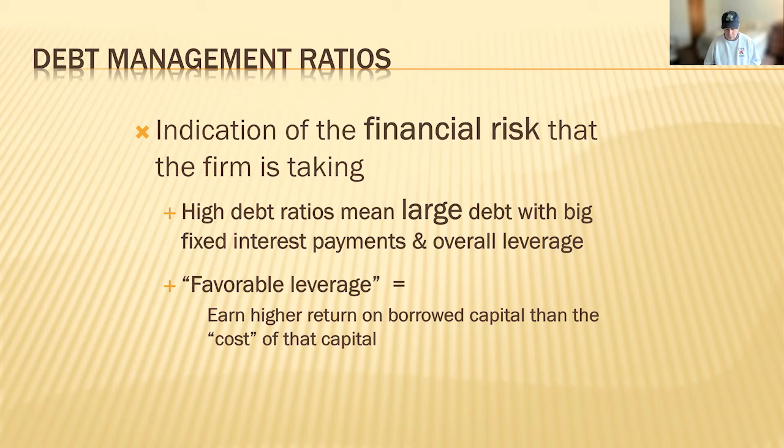So in other words, if you're borrowing money at 5%, but you're able to generate profitability and sales of an additional 7 or 8%, well, your asset now is being put to use, and your capital is generating more money than it's costing you. So when it's the other way around, that gets a little tough.